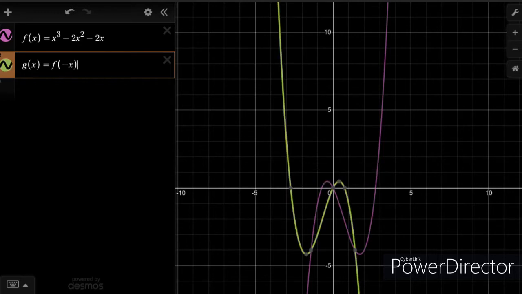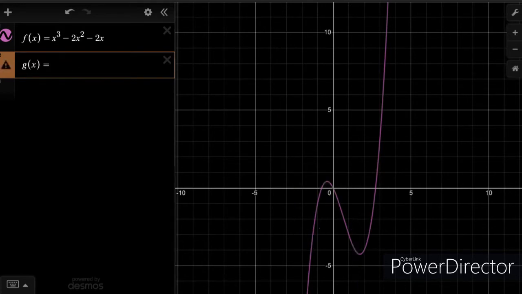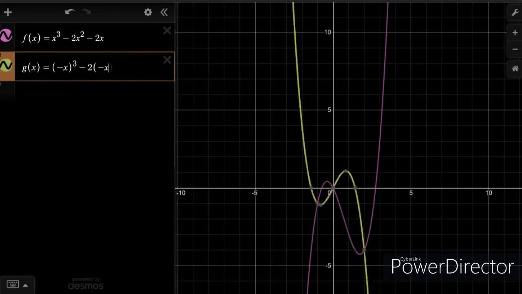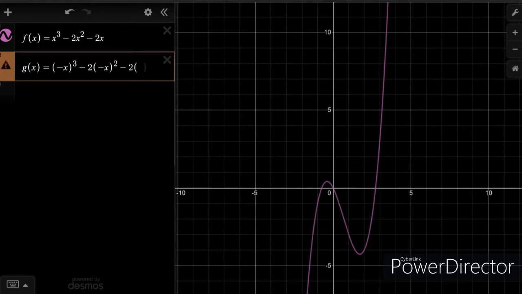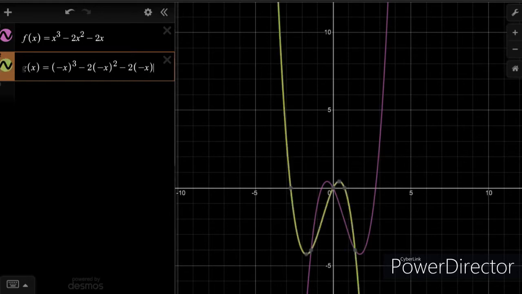It flipped it over the y-axis. Now, the other way we could have done that, just to make it clear, that's the same thing as negative x to the third power minus 2 times negative x squared minus 2 times negative x. And of course, we could simplify that expression, but notice it has the exact same idea.